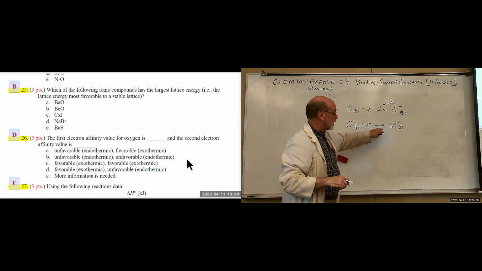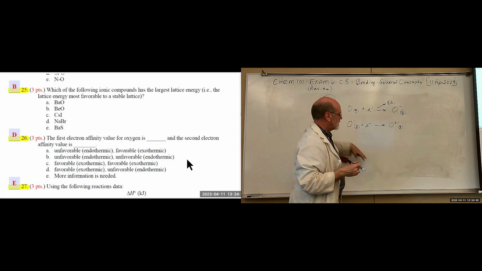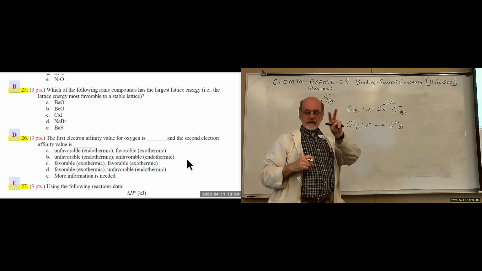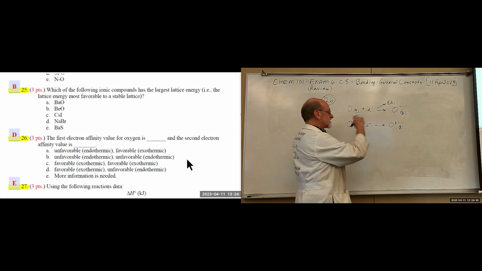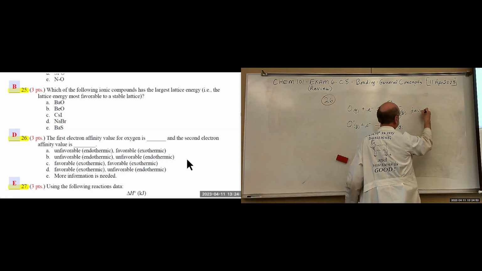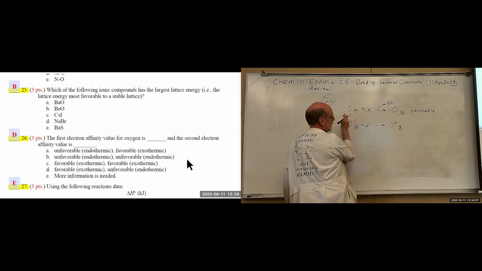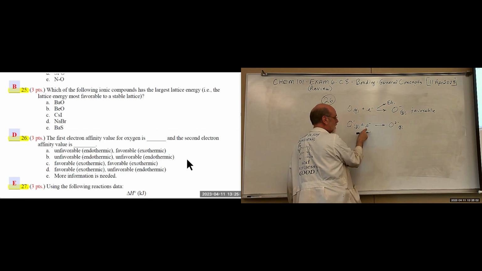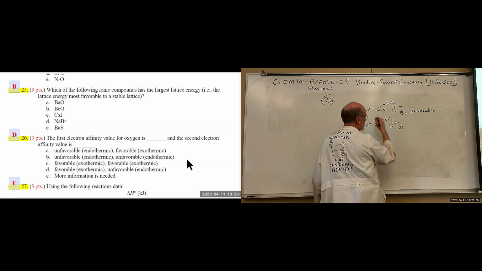Now, it does want the other electron. Make no mistake, overall the electron affinity for 2 electrons is favorable, but each step is different. This one is favorable because it's neutral, capturing an electron. But this one's already got a negative charge, trying to capture another electron. This is unfavorable.